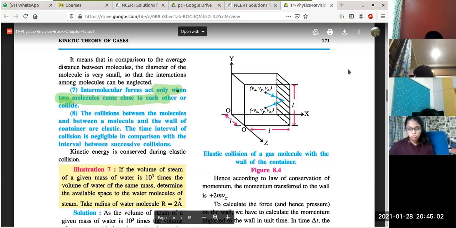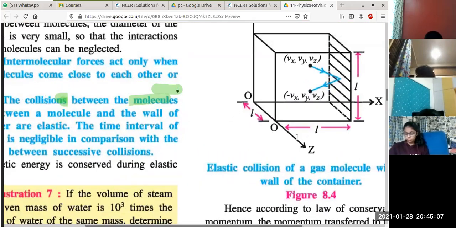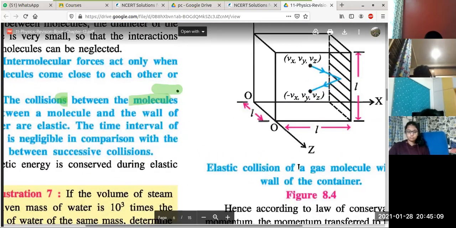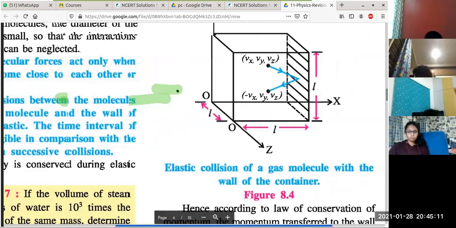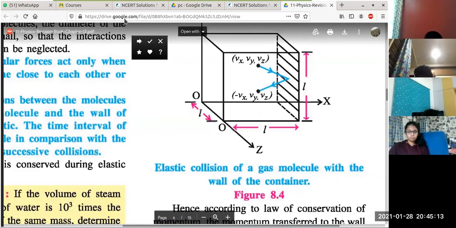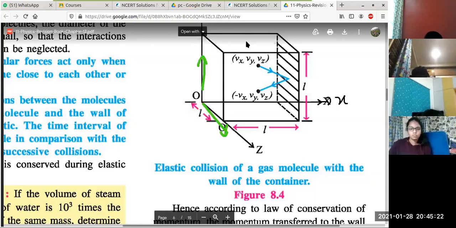See this diagram carefully and understand. So this is along the x-axis, and this is along the y. Y is like this and z is like this.